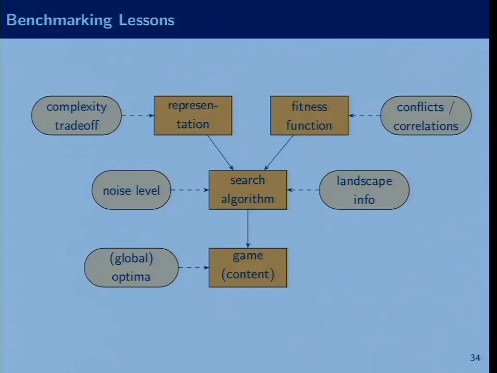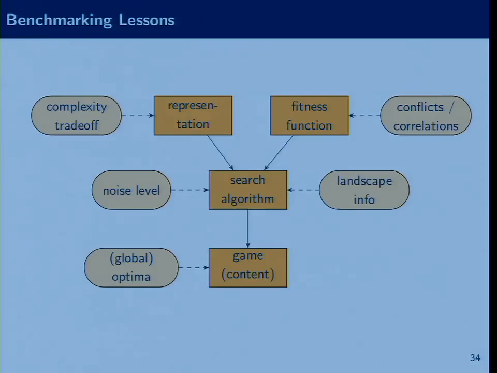I tried to show some of this already, but for the representation, in a PCG algorithm you can usually choose it yourself. By having different search space dimensions and comparing them, you can figure out the complexity trade-off.